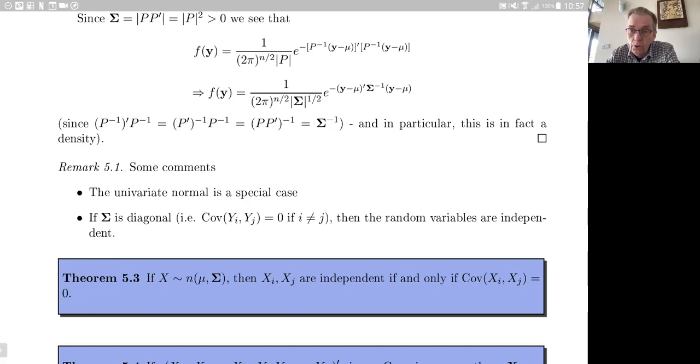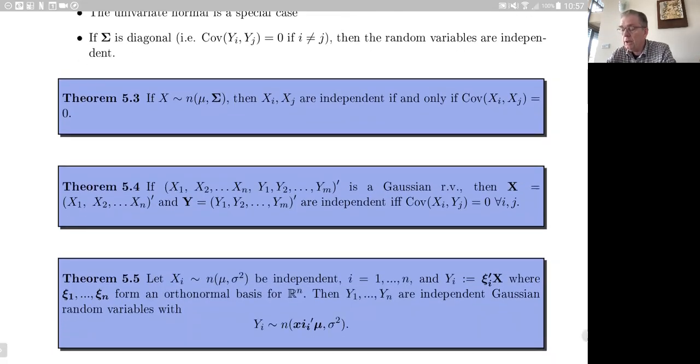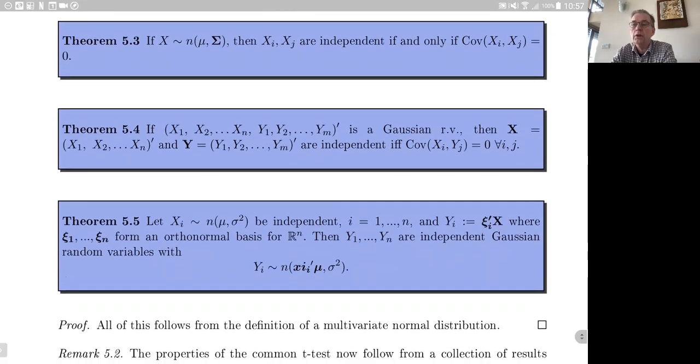For the multivariate normal distribution, what we have is this theorem 5.3, that the variables are pairwise independent if and only if the covariance is 0. So that's an important conclusion. And the same thing happens to 2 collections of random variables. This is not too hard to see. You simply order them all, stick them all into one big vector.